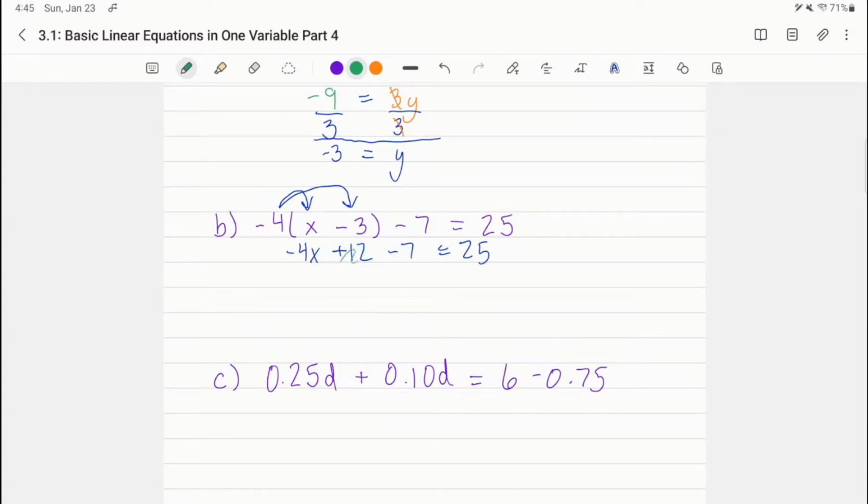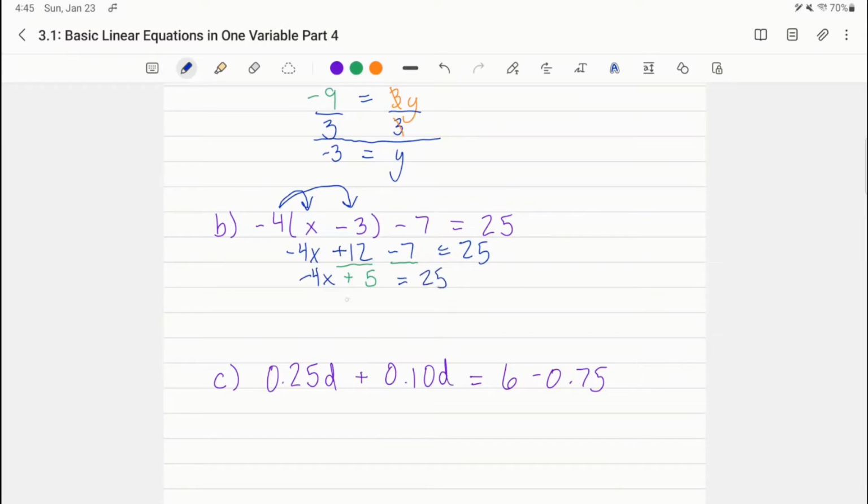Now we have 12 and negative 7 are like terms, so I'm going to combine those and get 5. Since it's a positive 5, I am going to put a plus sign in front of it because there is still another term. Negative 4x plus 5 equals 25.